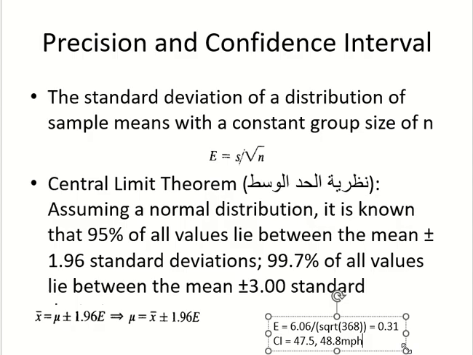If I can fix the error, I can get the number of values. I have the standard deviation and I have N, and I'm calculating E. If I fix E, I can reverse it and calculate N. This is the idea we are using, but we are not interested in calculating E. We are interested in calculating this whole thing.